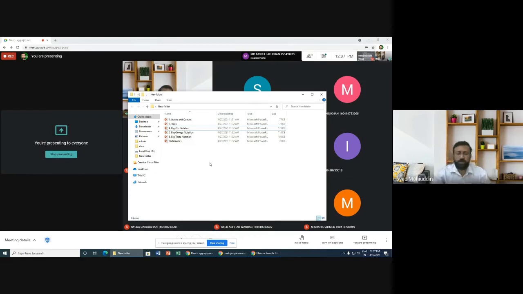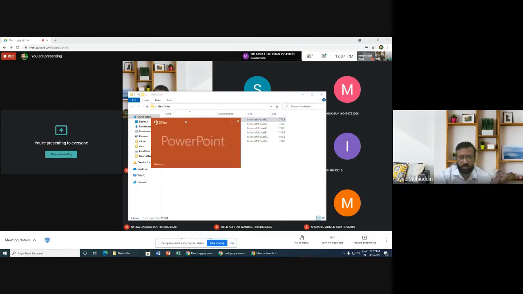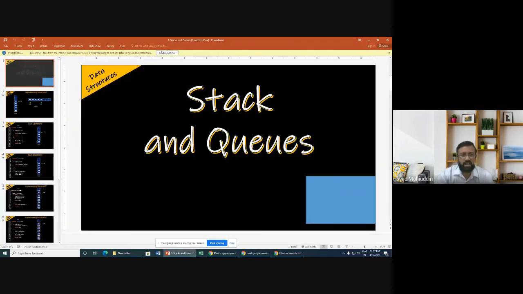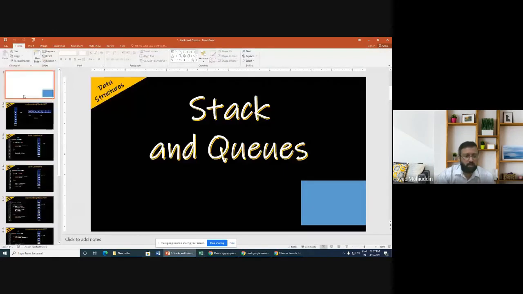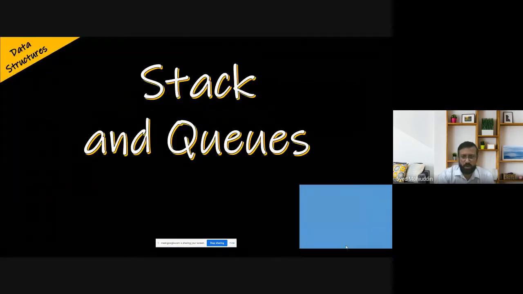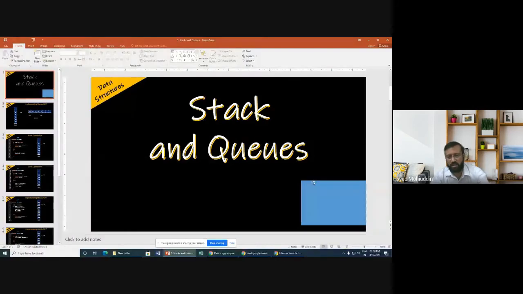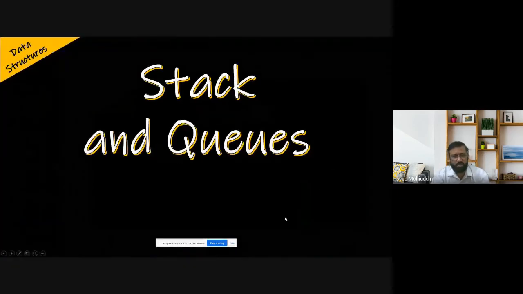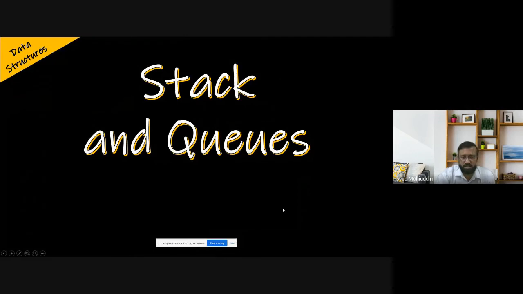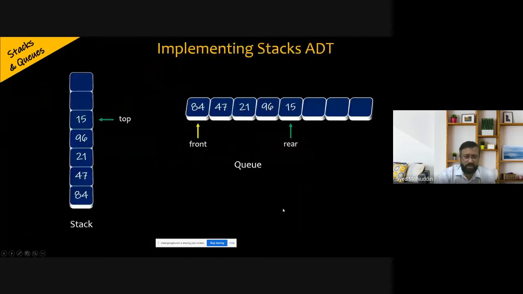Now let us move further with some of the basic data structures, or elementary data structures, before we move on to the complex algorithms in this subject. So we will start quickly with stacks and queues. You may already have seen stacks and queues in your data structures course in second year, but let us revisit this.